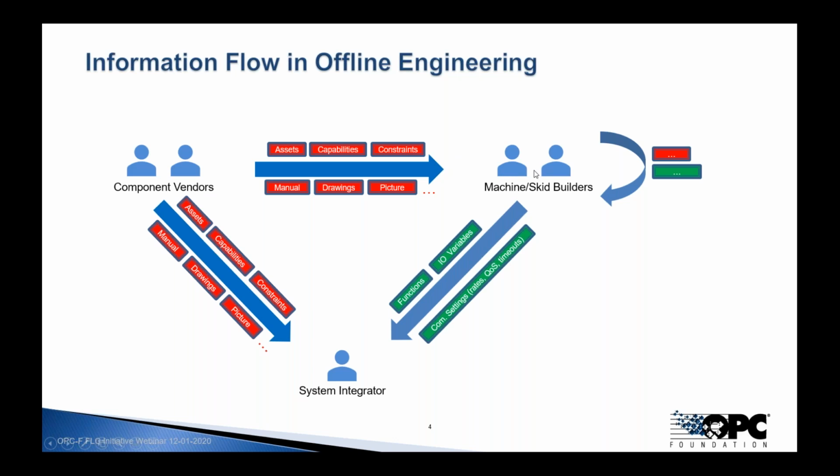Of course, there's also data that is not part of a formal information model, at least not normally. So there could be documents also, manuals, drawings, pictures that can be useful for understanding how to use a component.